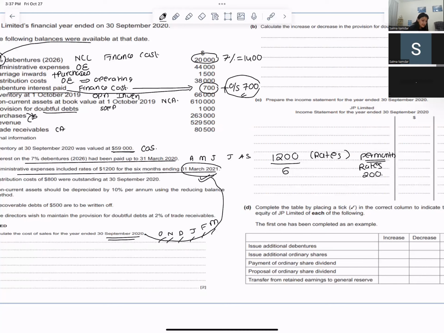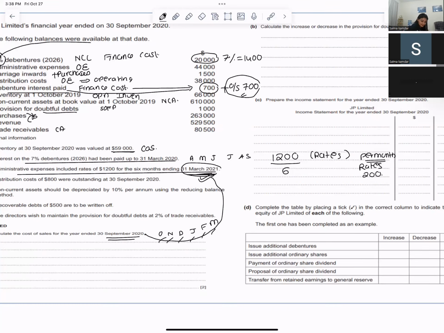None of the rates is related to the current year, so we subtract. Understand the fact first. I have paid rates for 6 months, and that 6 months ends on 31st of March 2021.